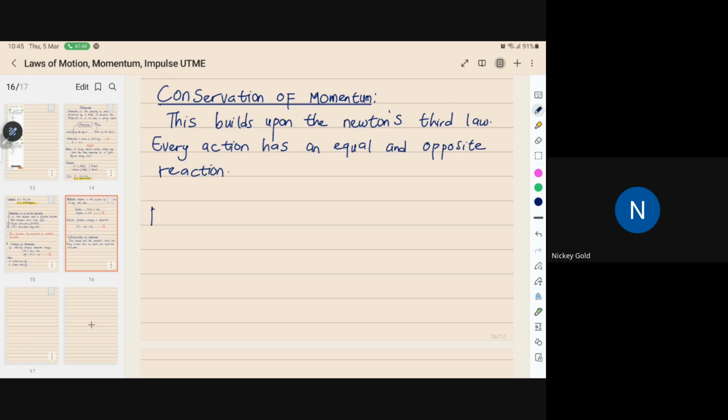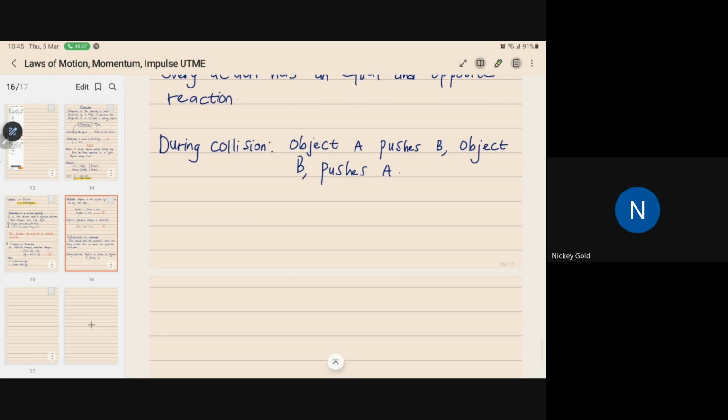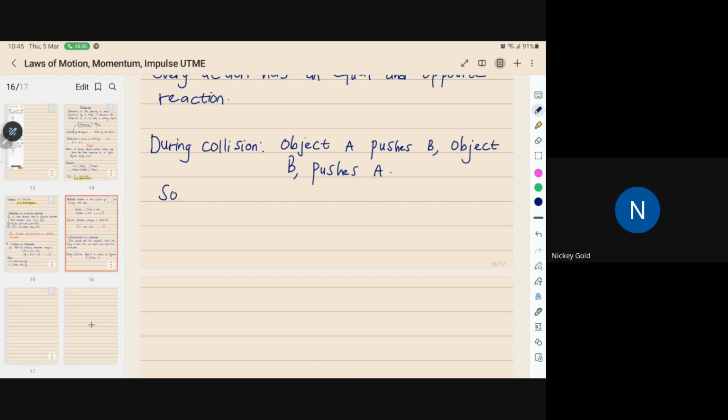So that means that during collision, let me just put down these key points. During collision, an object A pushes B, and object B pushes A. See how I'm stressing myself.